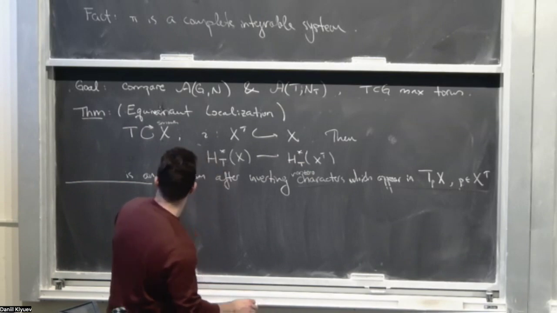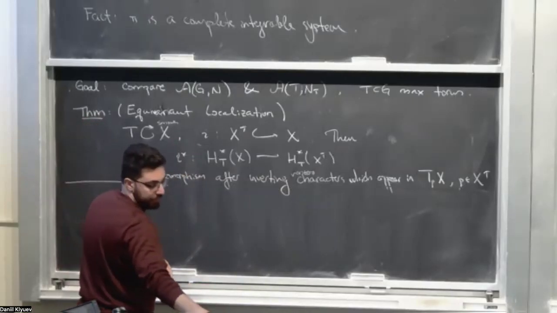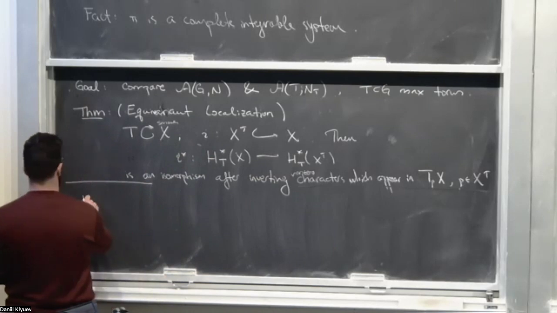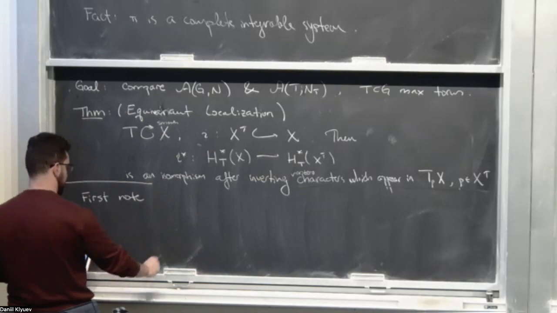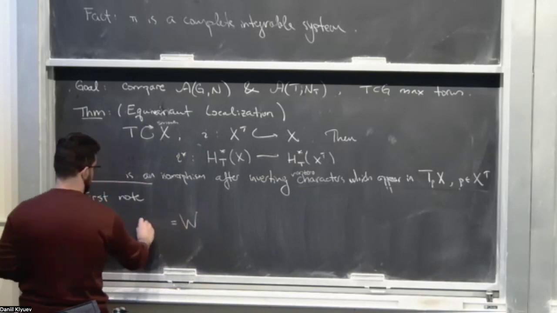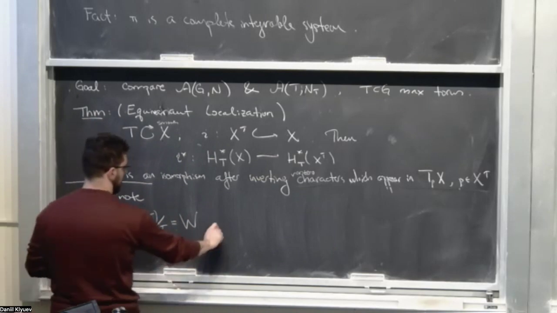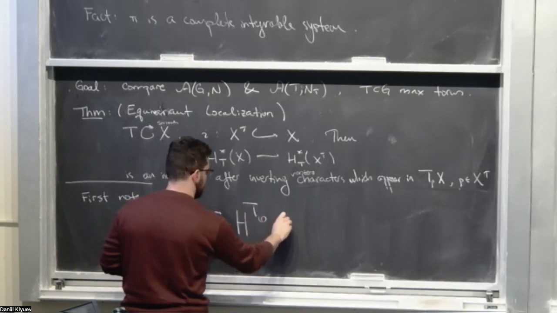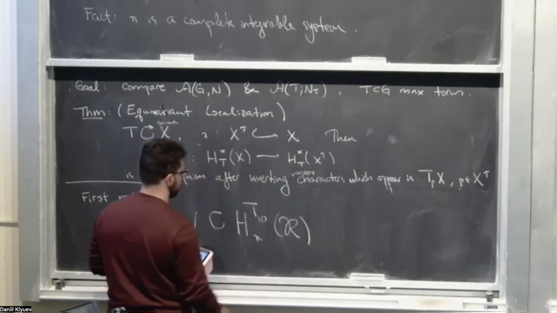So, okay. I'm going to take this as a black box, and we're going to proceed with the goal. So we first note that the Weyl group, which is N_T mod T as always, acts on the T-equivariant homology of R. Or homology, sorry.